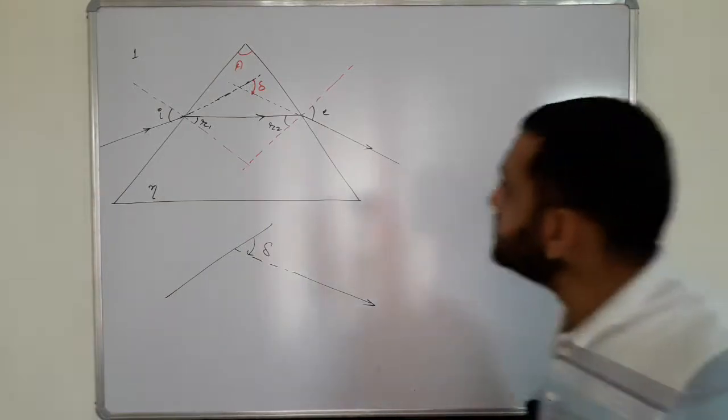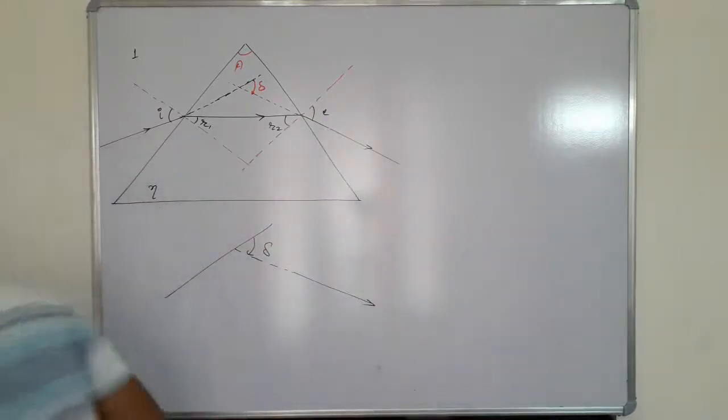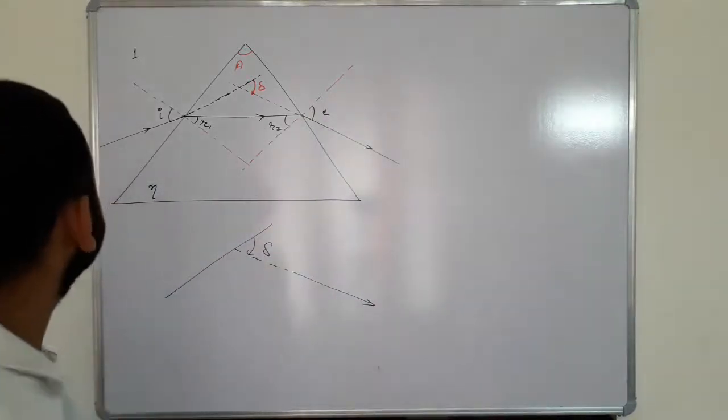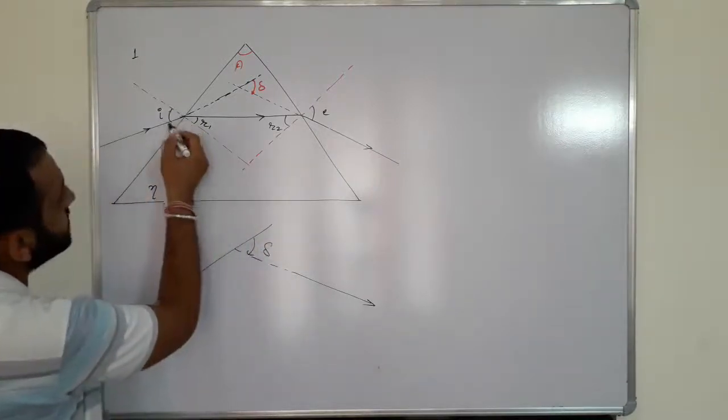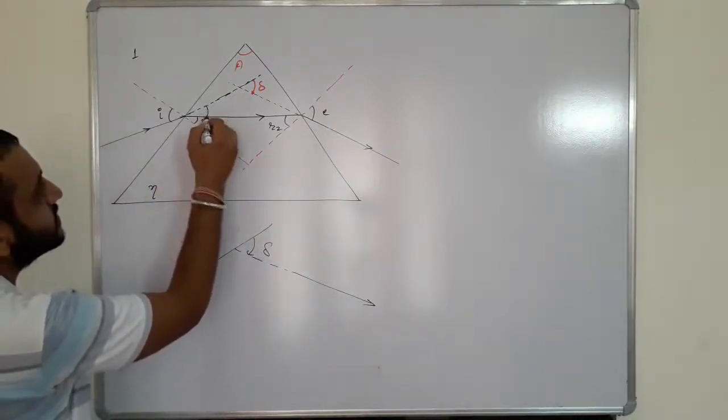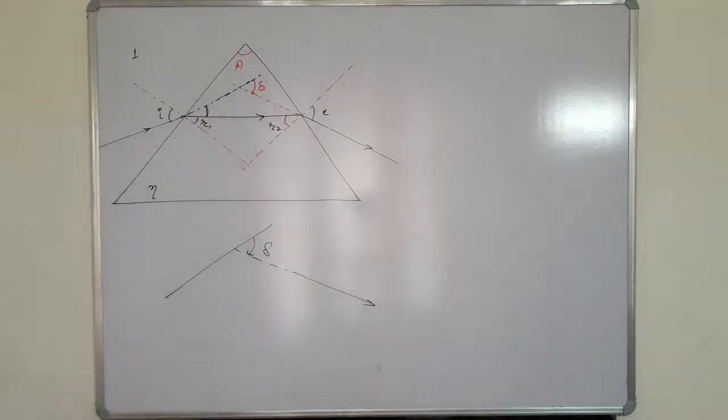Afterwards, let us calculate some of the angles now. If this angle is I, this is R1. Can you guess this angle which I have made?